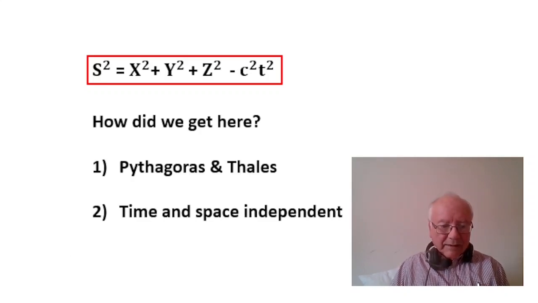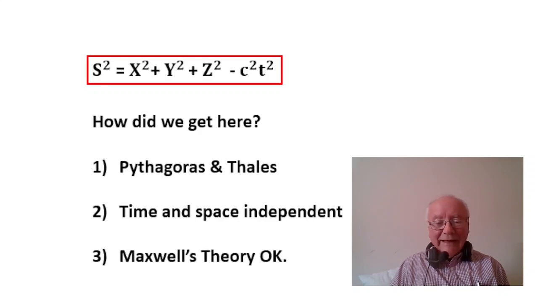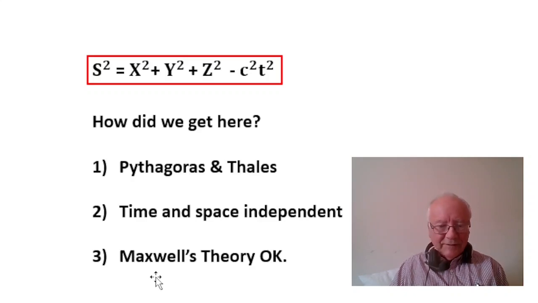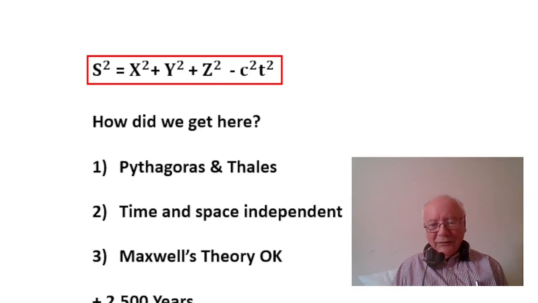And if we had time and space independent, and we say, okay, Maxwell's theory is correct, that means that the velocity of light, c, is a universal constant, and we can use it up here to change the dimensions of time to space. And then we add 2,500 years, and here we are. We've got this equation.